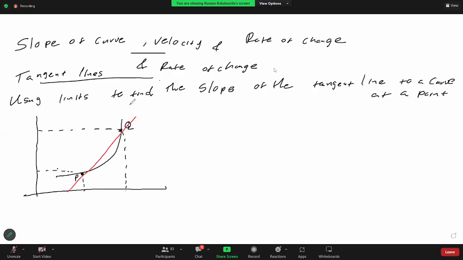Need to shift. Let's draw it again. Right, this is the line.